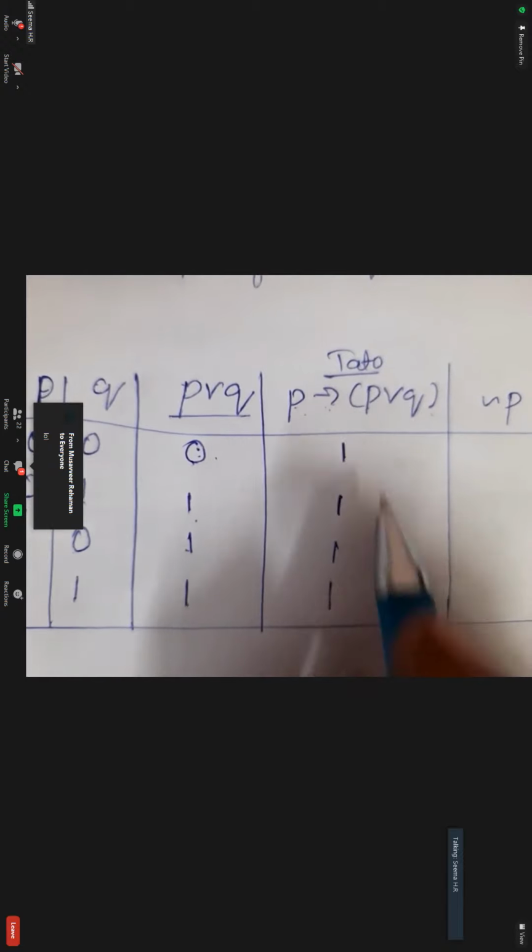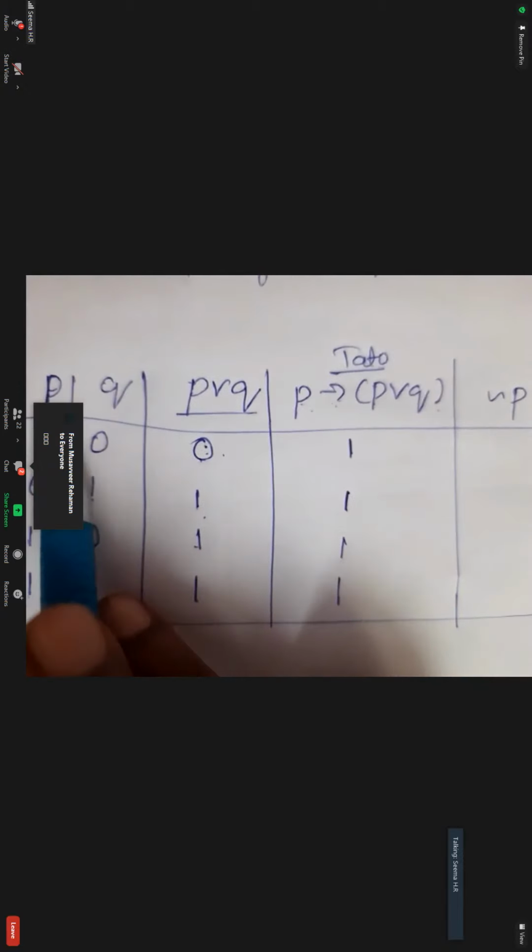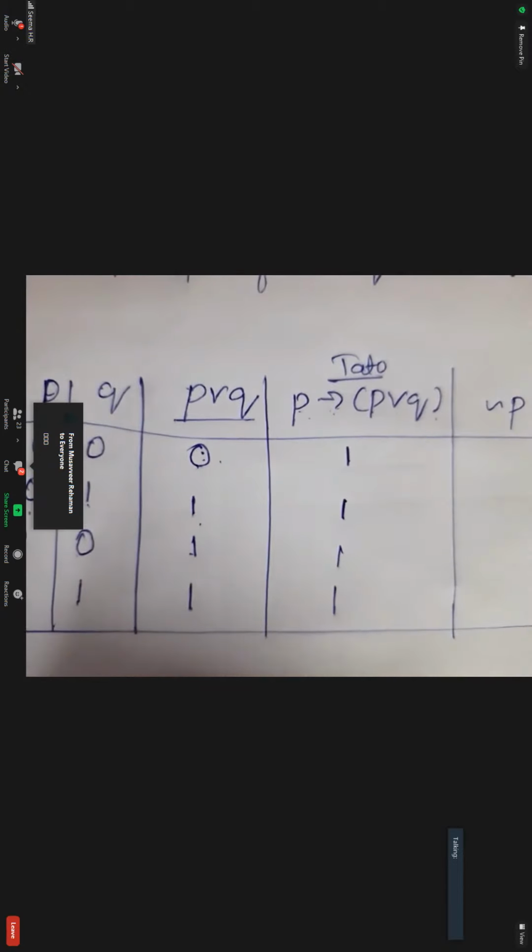False implies true is true. True implies true is true. So did you get P implies P or Q as true for all the possible combinations of P and Q?